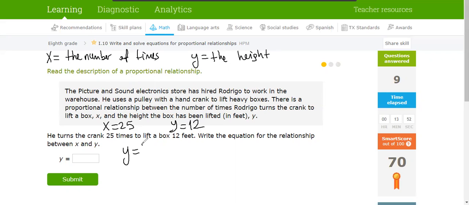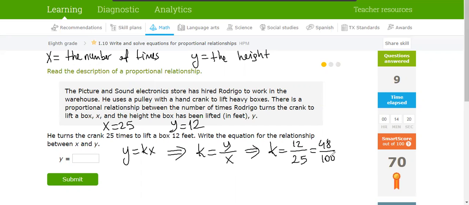So we know that y equals kx because it says there is a proportional relationship. Okay. So k equals y divided by x. So k equals y, which is 12, divided by x, which is 25. That's going to be 48 over 100, and 0.48. 48 over 100, because you can multiply both numerator and denominator by 4.